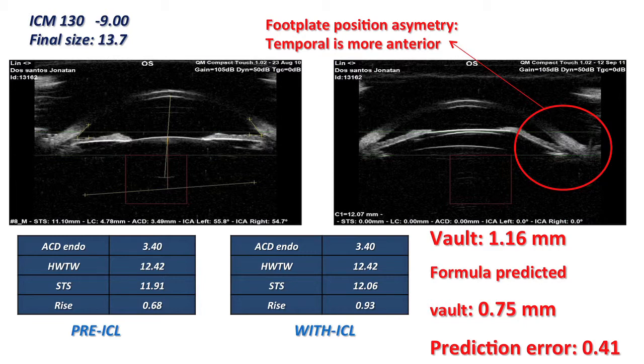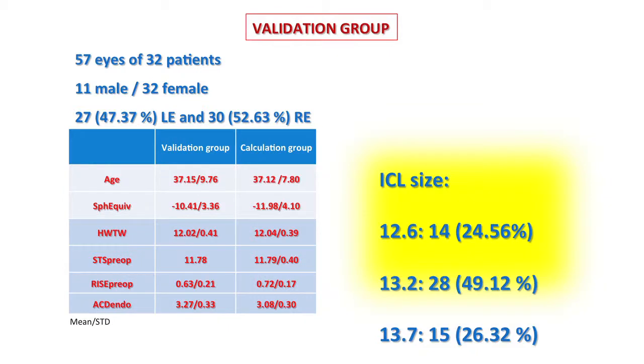For example, here we've got an asymmetric implantation, and we found that the footplate was more anterior, and this was a case again with a high prediction error of 0.41 millimeters. And this is very interesting because these are the last numbers I calculated just before coming to this meeting, because this is another group.